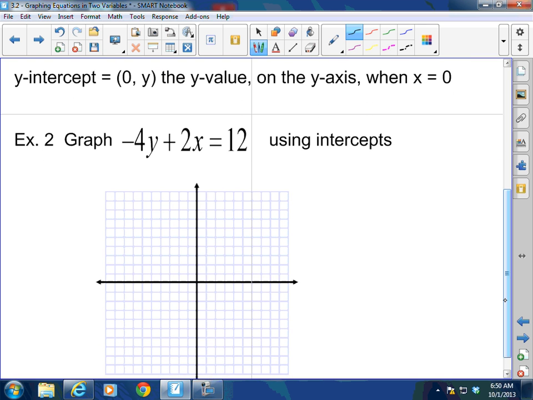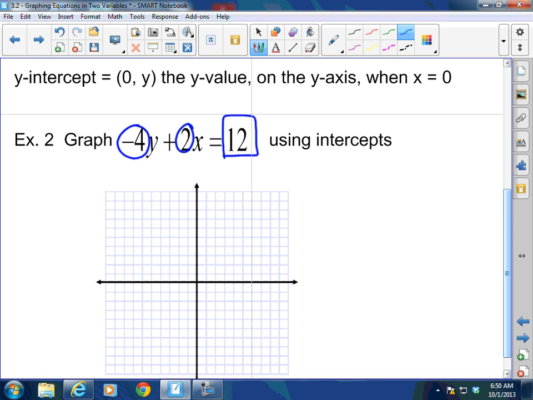So let's see how this works. First of all, when they tell you to graph something like this, negative 4y plus 2x equals 12, what I always look for is the following. I isolate the c, the constant, and I look at the a, which is the number being multiplied to x, and I look at the b, which is the number being multiplied to y.